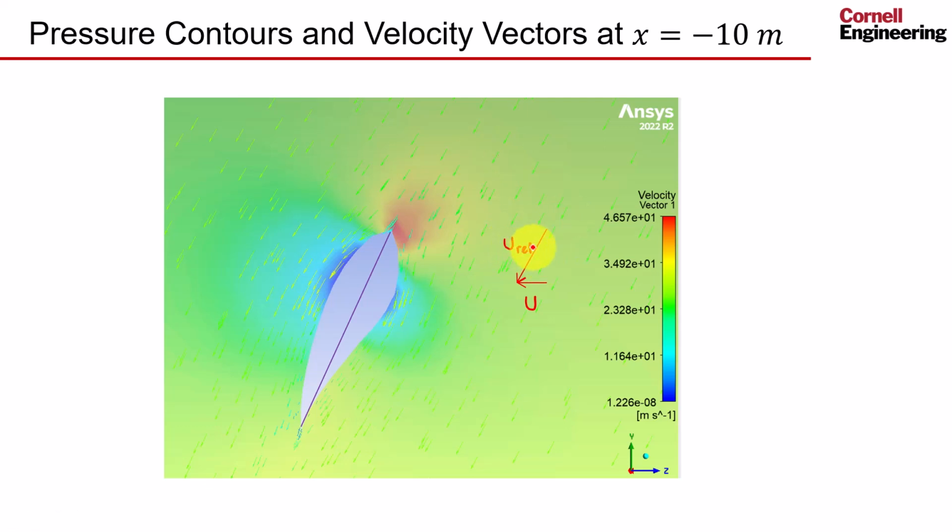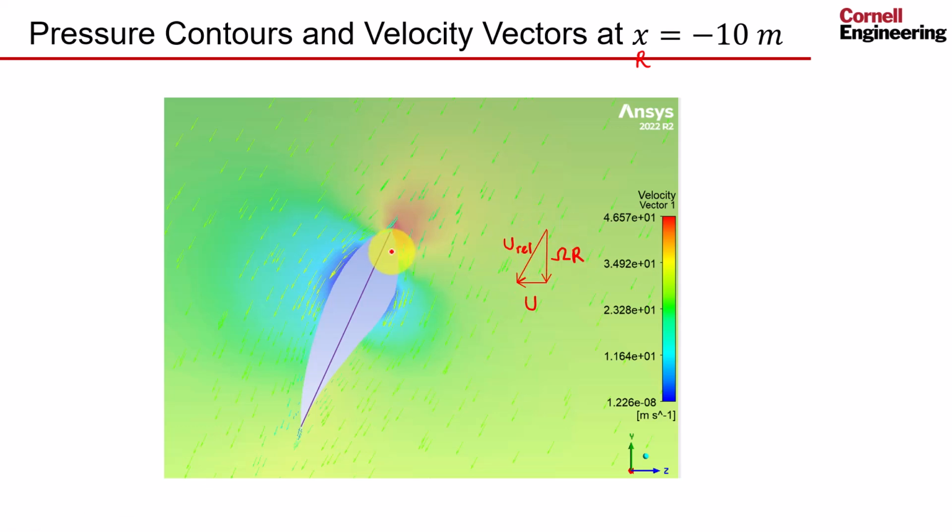And this is where I need the velocity vectors away from the blade to see what the direction is. Which means that this component here has to be omega r, omega being the rotation rate, and r being the distance from the rotation axis. So r is -10 for this particular section. So you see how the contribution of omega r and the free stream lead to the relative wind.